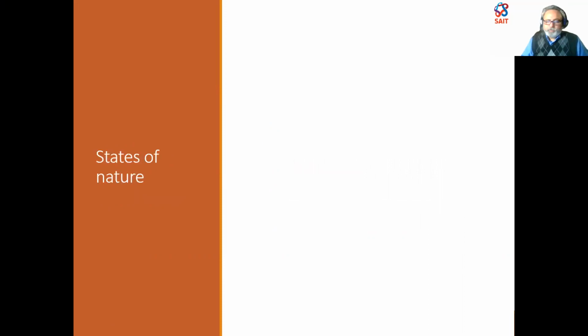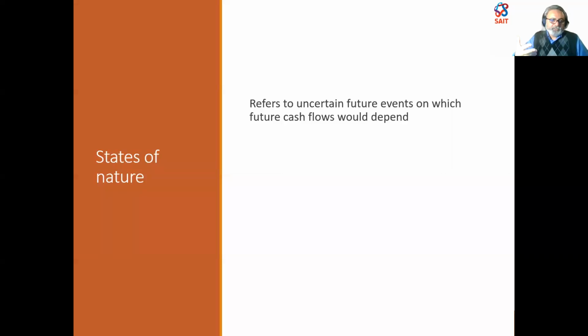So a little bit more about states of nature. I've alluded to this being these conditions in the future, the circumstances in the future on which future cash flows depend. And these, in your textbook examples, would include stuff like, oh, how was the weather? Was the weather good or bad?